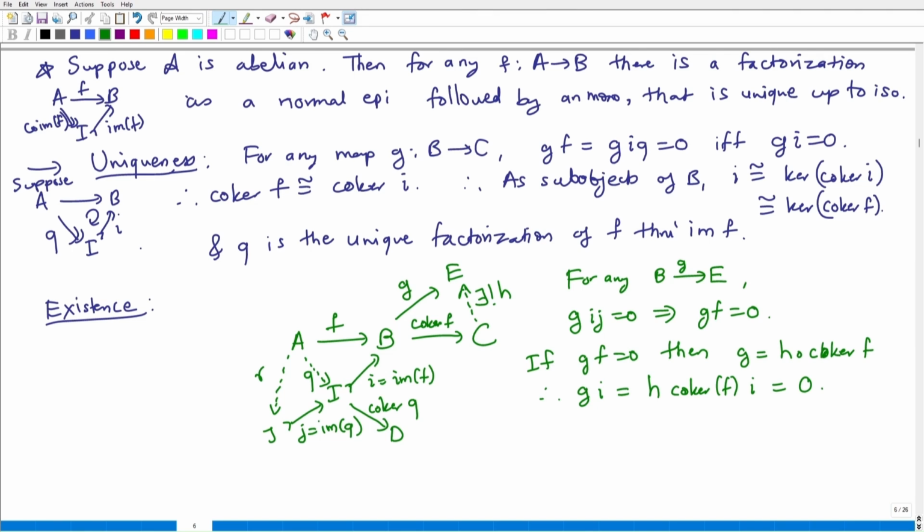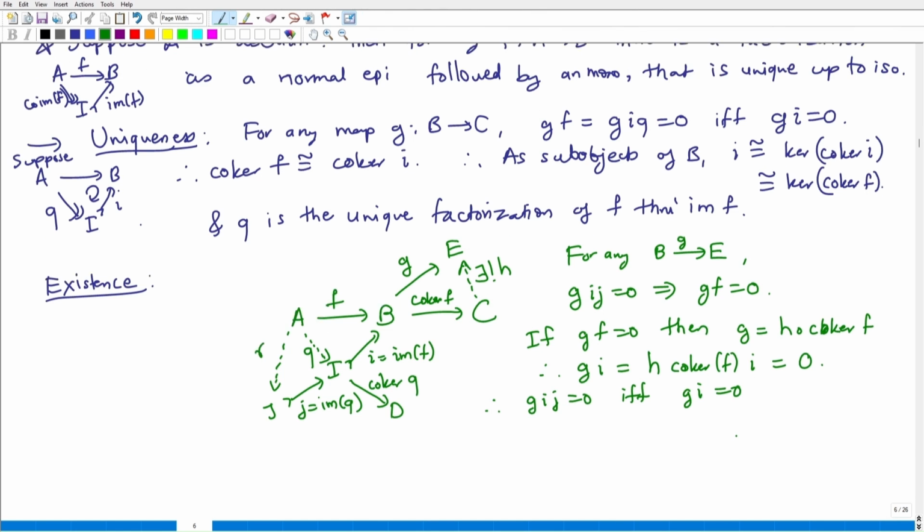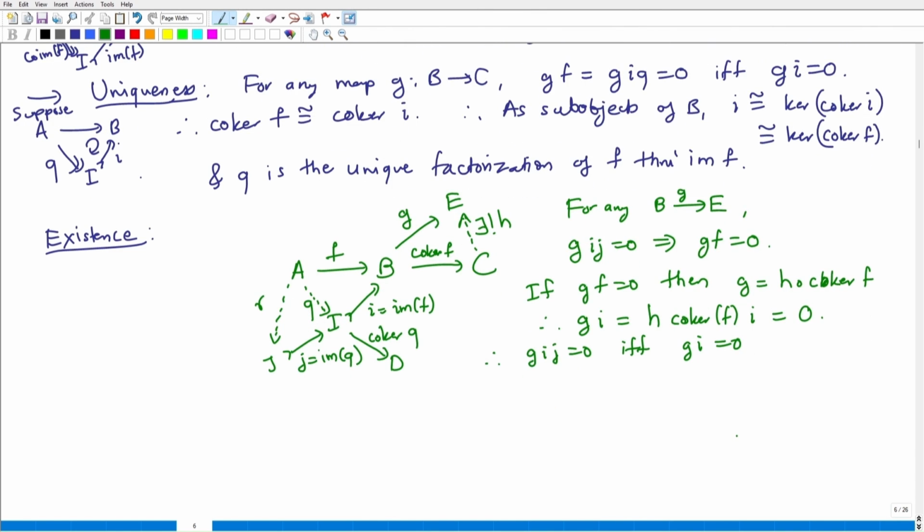Okay, what did I show so far? GIJ equal to 0 implies GF equal to 0, and GF equal to 0 implies GI equal to 0. Therefore, GIJ is equal to 0 if and only if GI is equal to 0. This is what we showed. Understood this part?